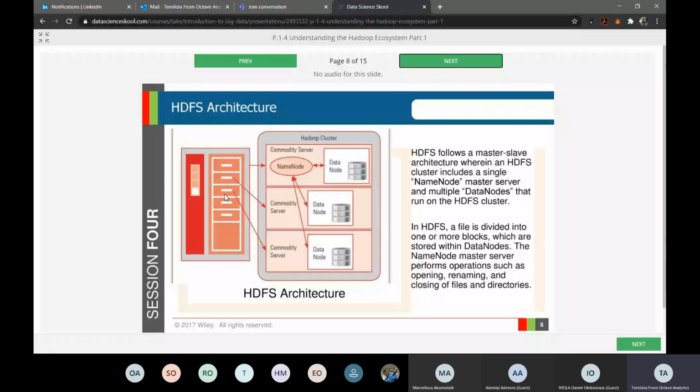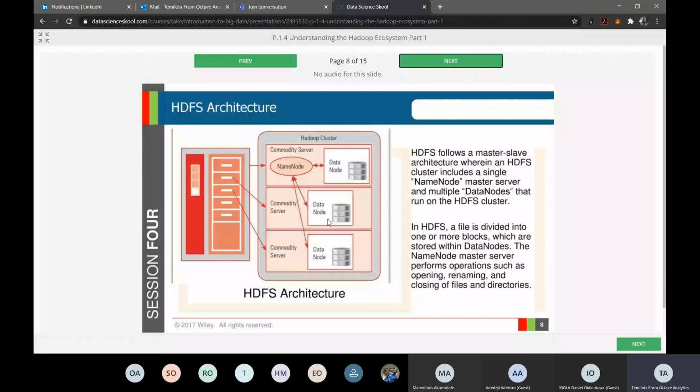This is the cluster in the data center. You can have so many big machines like this connected together, distributed together by different pipelines in the data center. So if you drill down into the HDFS architecture, this is a cluster, and you have different servers. Each rack is more or less like a server.